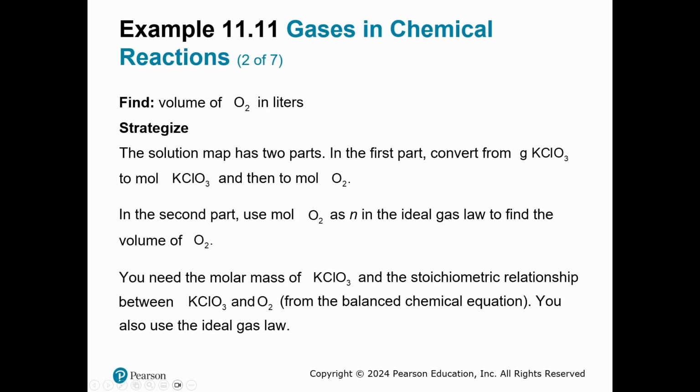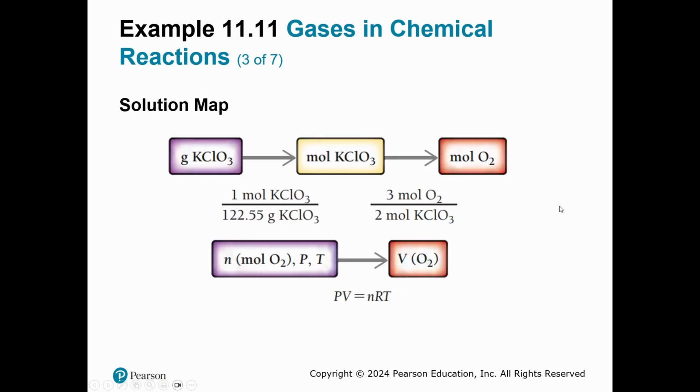Now, here we have some rules just to follow to get the correct answer. We've talked through a lot of this, but converting from grams to moles, we use our molar mass. From moles to moles, we use our mole ratio. Then we can use PV equals nRT. We don't want to calculate the total number of moles of everything in the reaction, just of the thing that we have the pressure of.